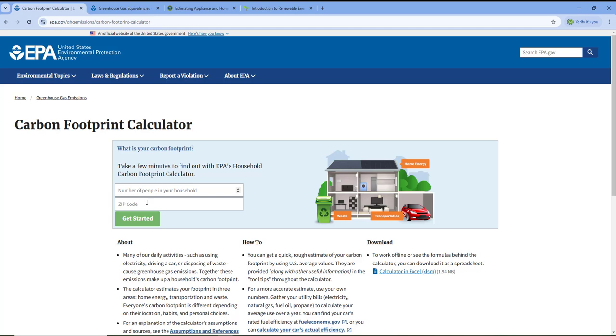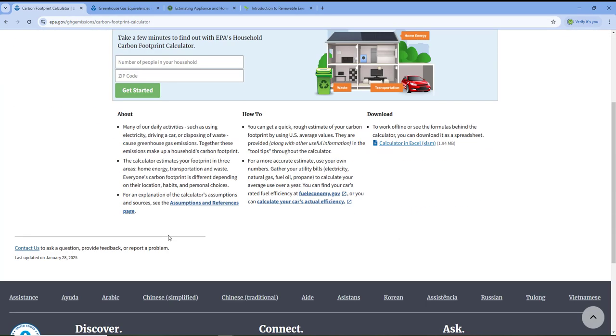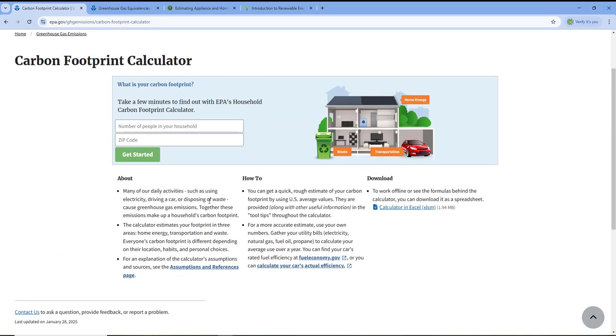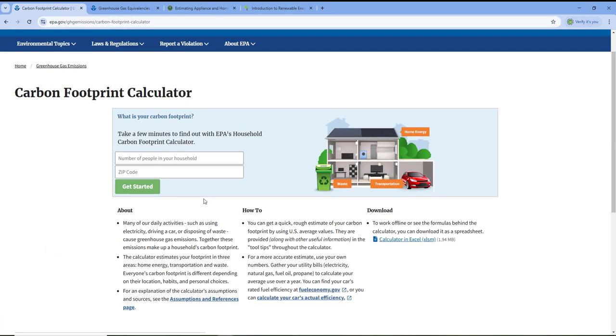Do note that it is based on how many people are in your household and your zip code.